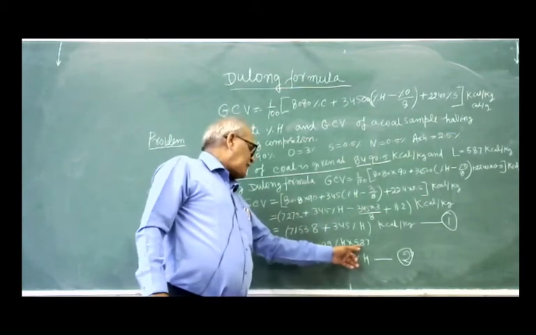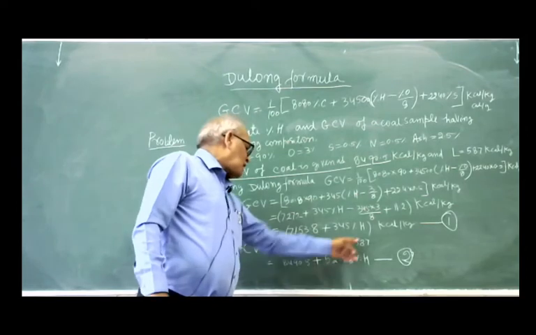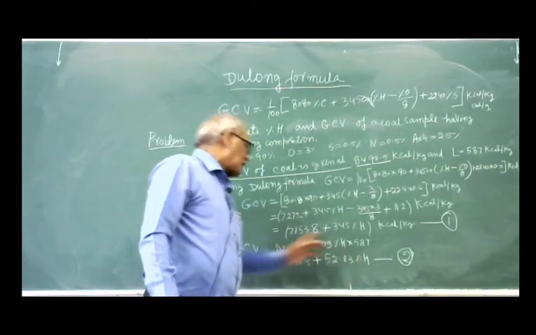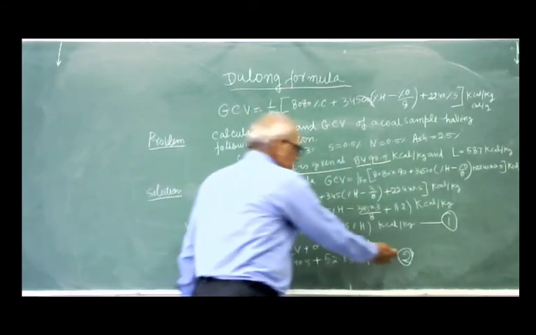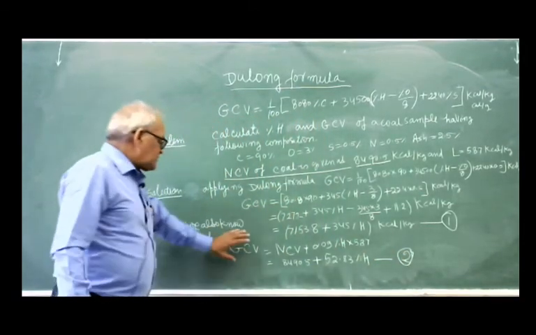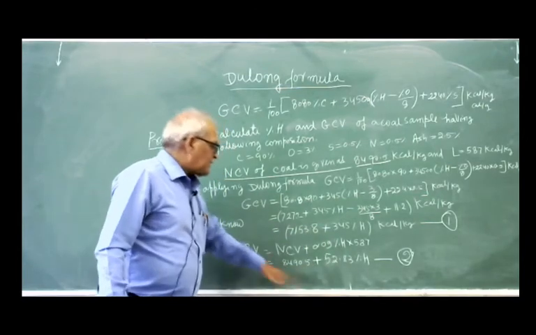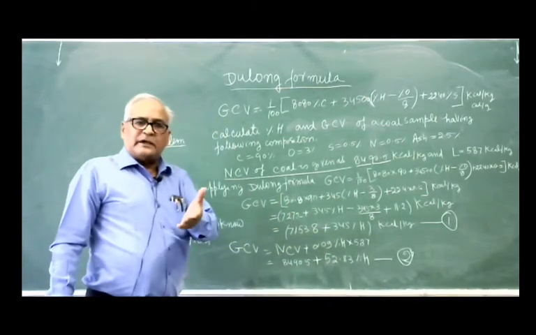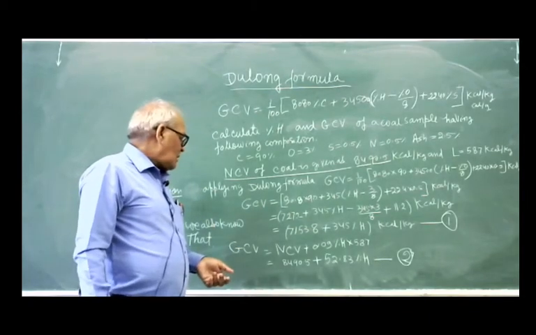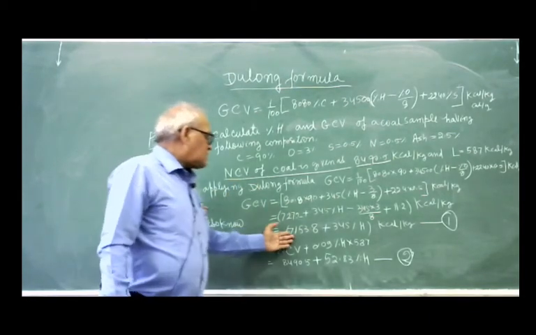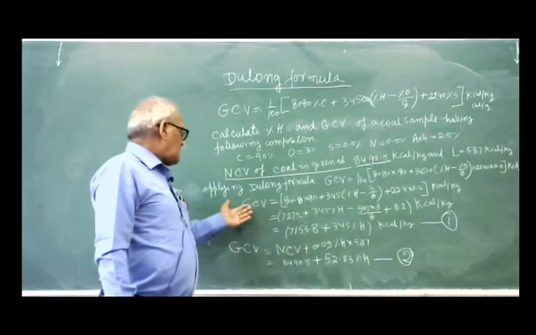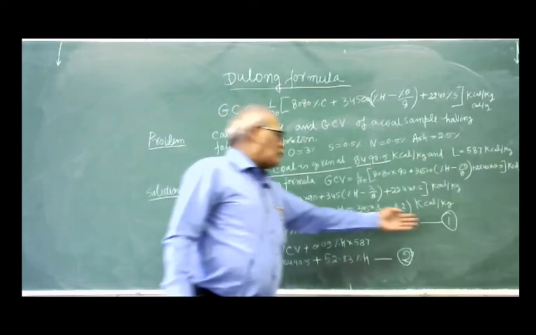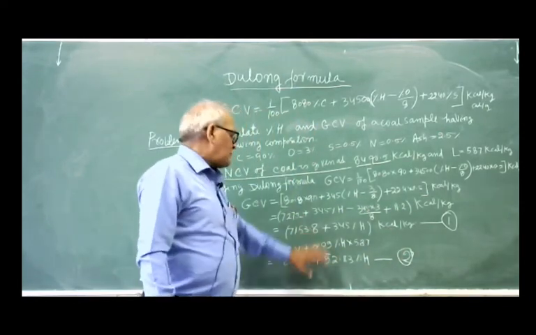Latent heat is given. After multiplying all these, you will get 52.83 percentage of hydrogen. So this is equation 2. Just see, this is the GCV calculated from the formula, meaning the relation between NCV and GCV. Here, this is the GCV calculated from the Dulong formula, equation 1. So both are same.